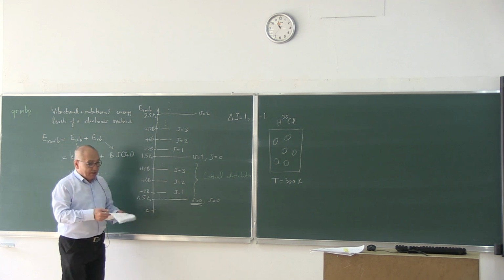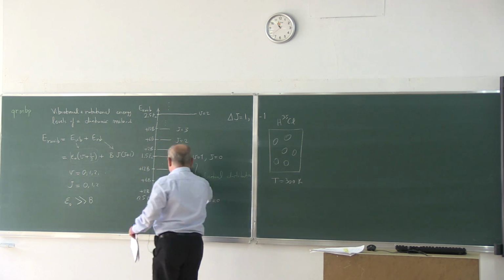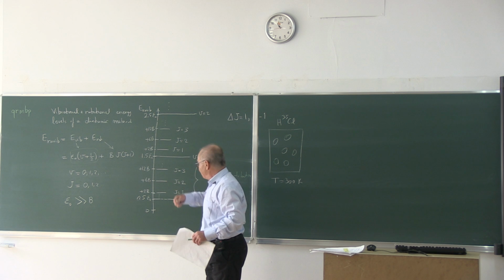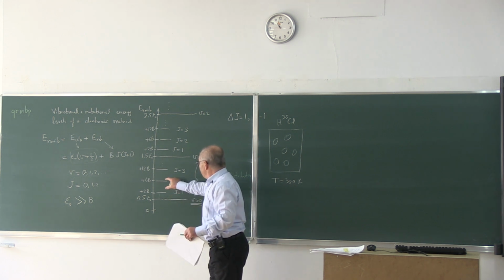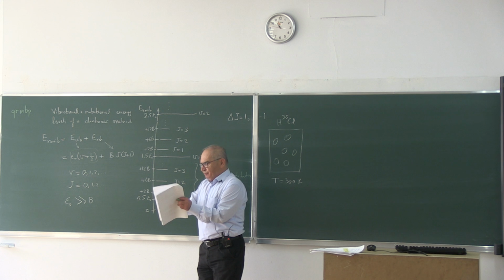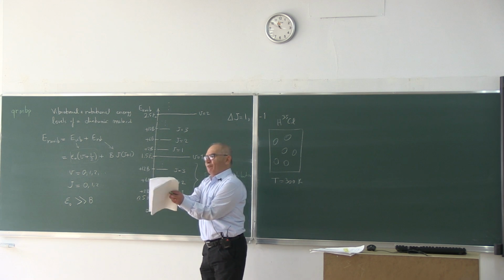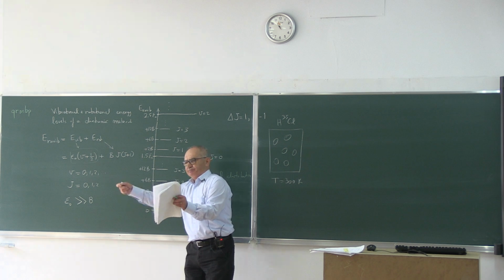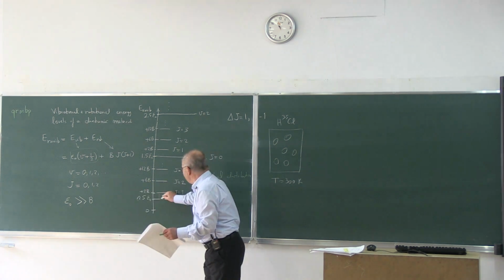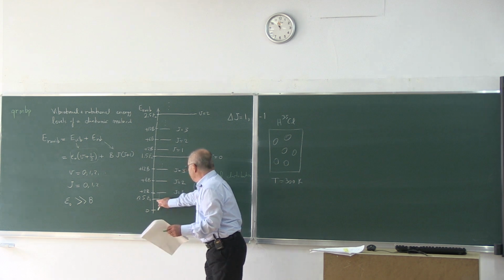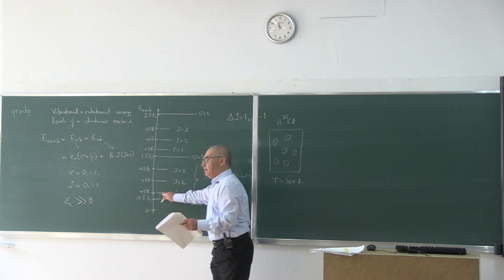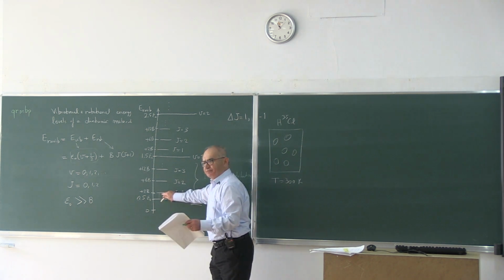Now we can discuss the possibilities for light absorption. Now imagine you start with a low frequency of light source and then gradually increase the frequency. Then the first transition will occur, which will cause the molecules in the J equals 0 level to make a transition to J equals 1 level.